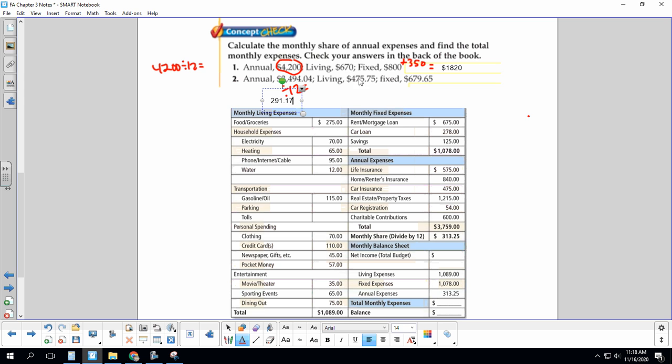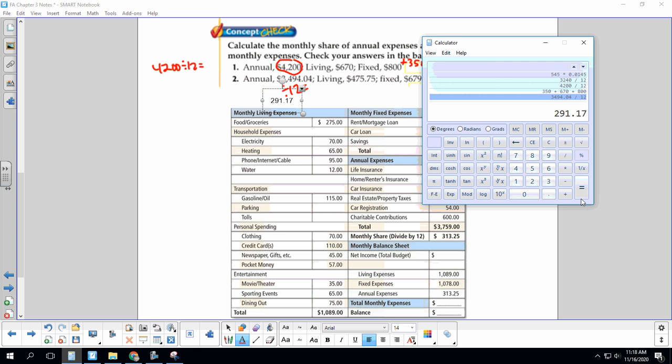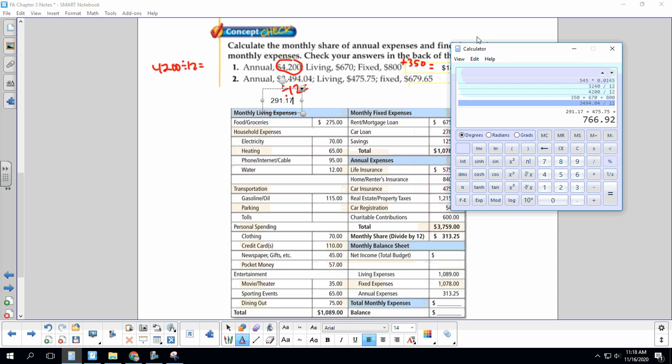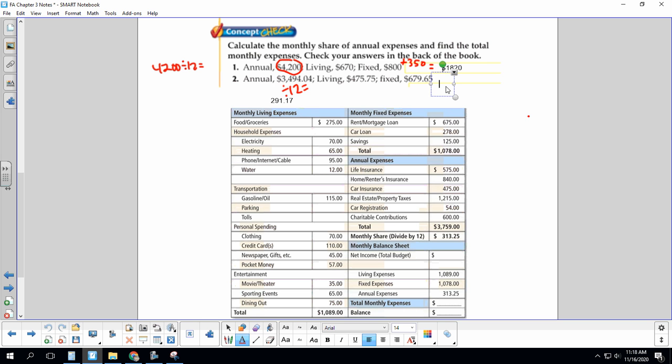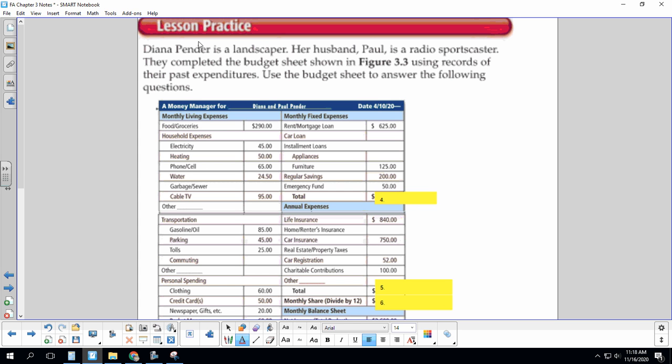And we're going to add that to the living and the fixed expenses. So plus 475.75 plus 679.65, and our total monthly expenses are equal to $1,446.57.